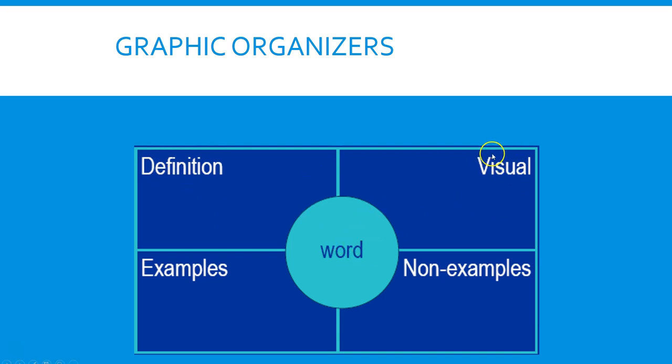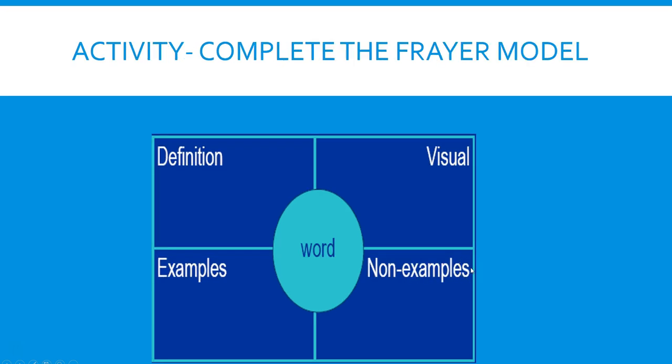They would give a visual, some type of picture of what they think this word represents. And then some examples: what are some examples of this word? And then non-examples, so maybe what are some things that are the opposite of this word? You can look at this as synonyms and antonyms, and that's just a different way that you can approach this.